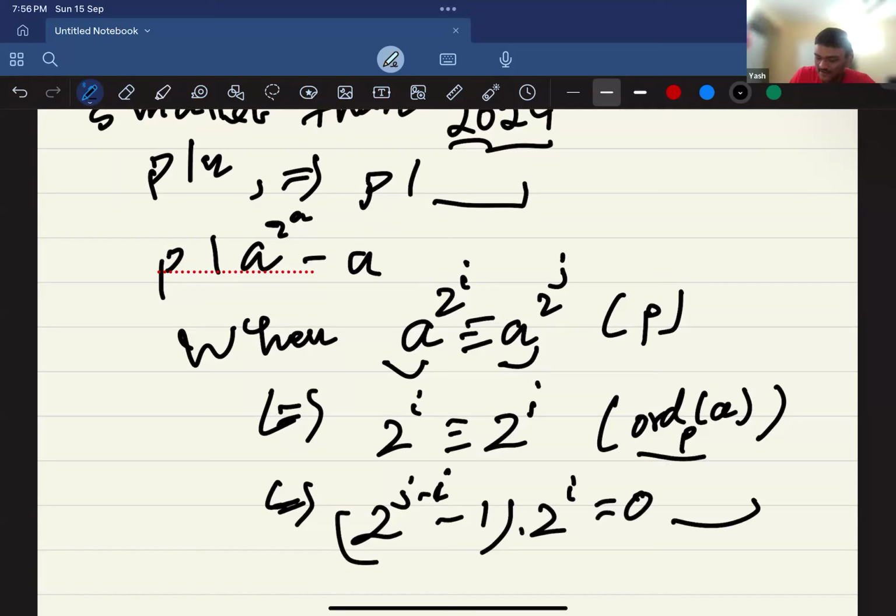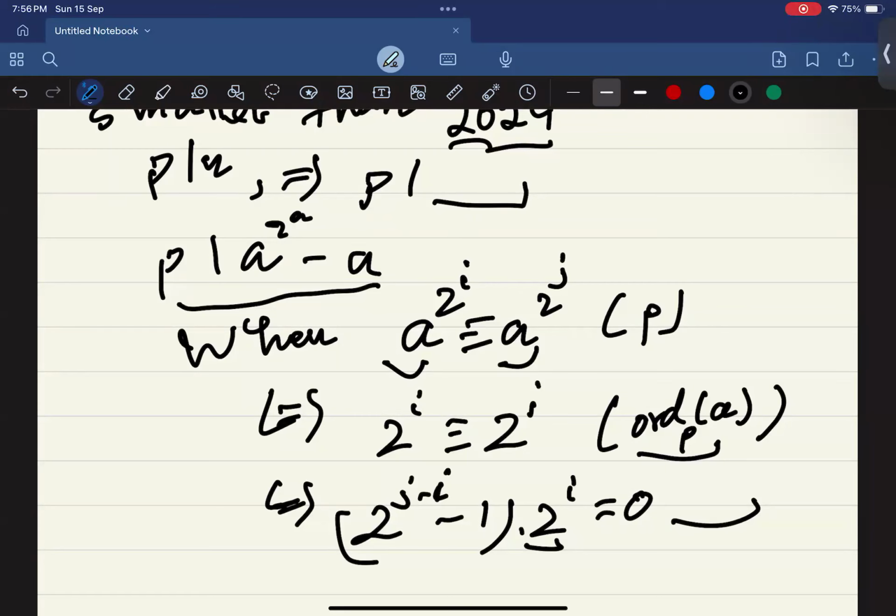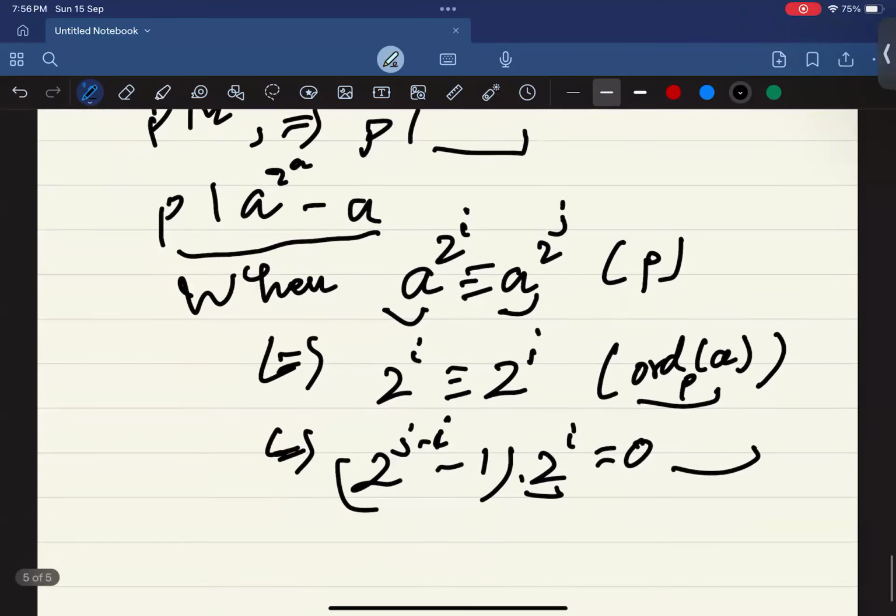Can you guys see why the order of a mod p is co-prime with 2? Not why p, but why the order. Use this: 2 to the power something would divide 2 to the power something minus 1, which is odd.